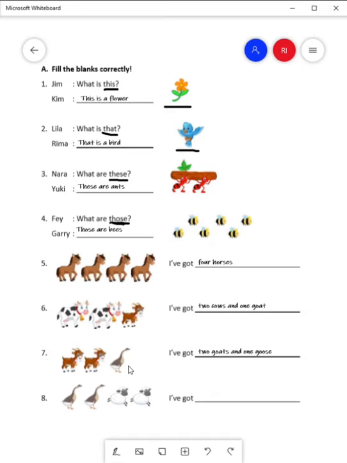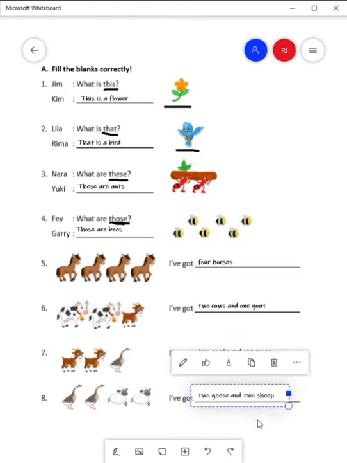If this animal is more than 1, we can say geese. So not gooses or something like that, but it becomes geese. Okay, so there are 2 geese and 1, 2 sheep. 2 geese and 1 and 2 sheep.